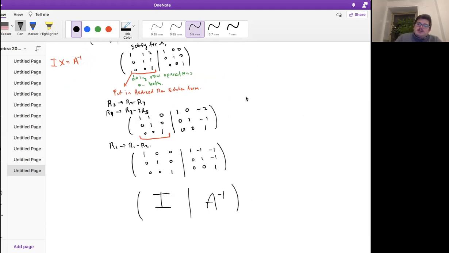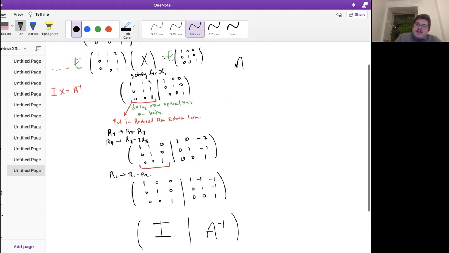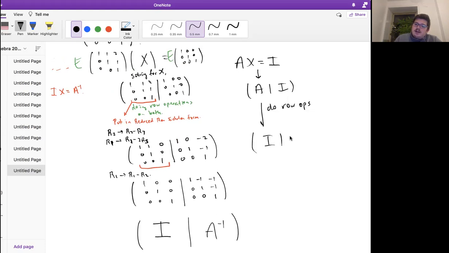So again, we go from AX equals I. This is a statement of what the inverse is. We replace this by an augmented matrix to make it easier. And then we're doing row operations to make I and A inverse. And again, what does this mean in a matrix equation?